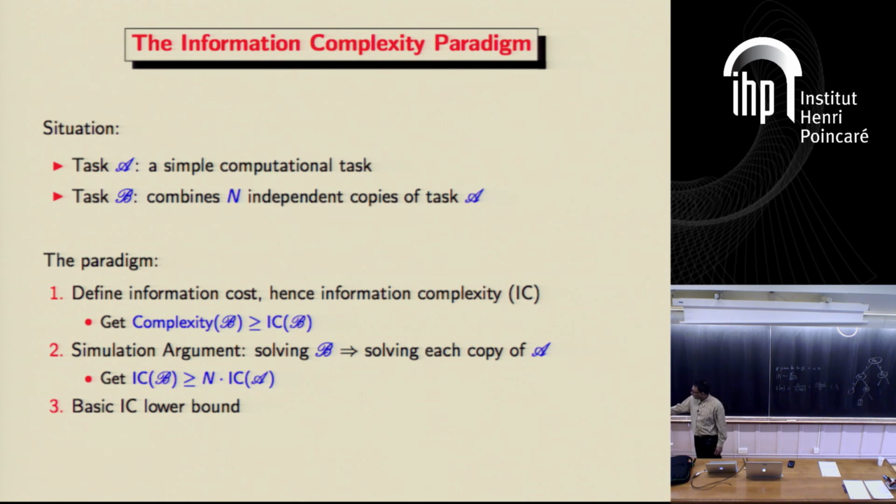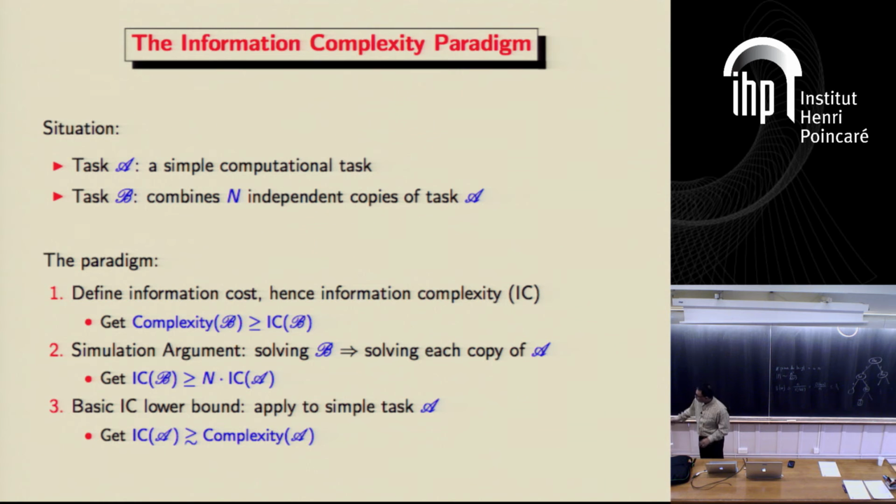The net result of step 2 will be to show that the information complexity of B is at least n times the information complexity of A, because whenever something like this is true, then by some easy information theory, you get such an inequality. To be sure, the hard work will be showing this first part. The implication is usually straightforward from information theory.